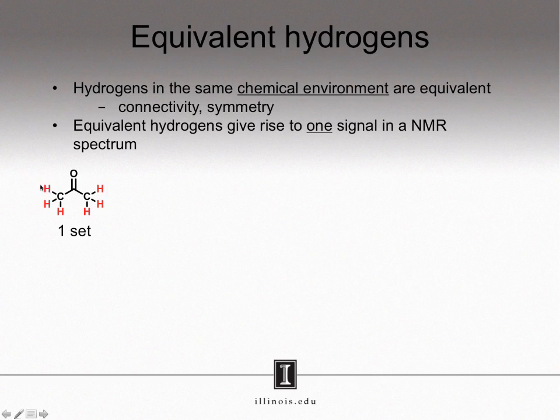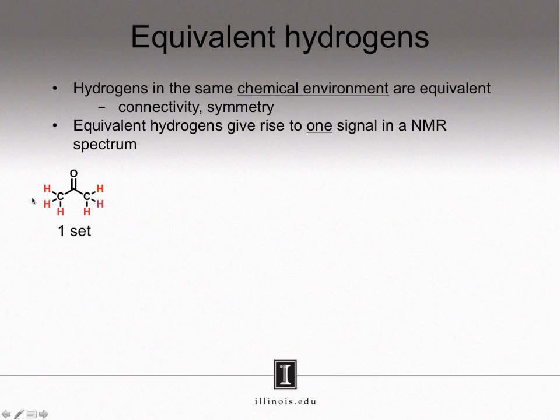The reason that these 3 hydrogens are chemically equivalent to each other is because if I take this carbon atom and I rotate it, I can rotate this hydrogen atom into this spot, and this hydrogen atom into this spot, and this hydrogen atom into this spot. Because I can freely rotate these hydrogen atoms to switch positions, they are chemically equivalent.